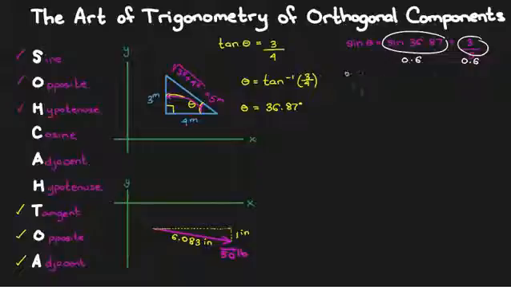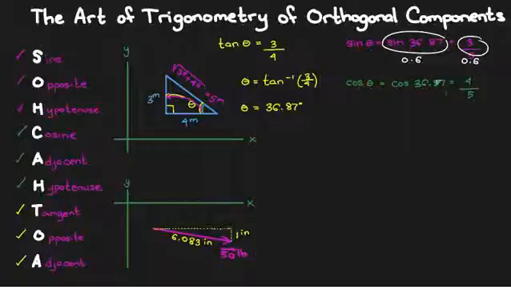How about cosine? Cosine theta, where again theta is 36.87 degrees. By definition, cosine is adjacent over hypotenuse. The angle that you are using is 36.87. Adjacent to that angle is 4 meters. The hypotenuse of the right triangle is 5 meters.